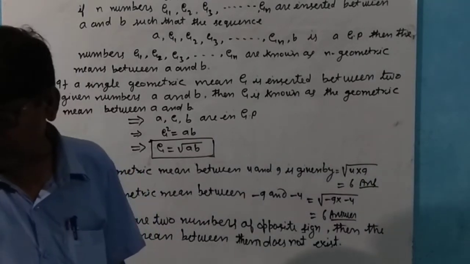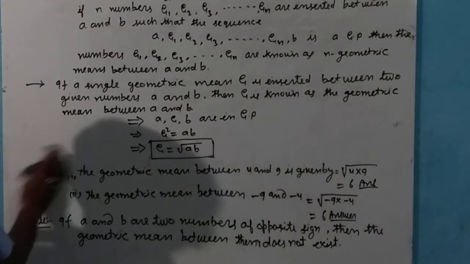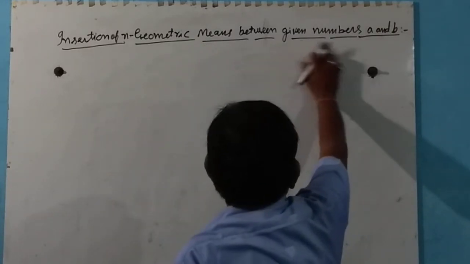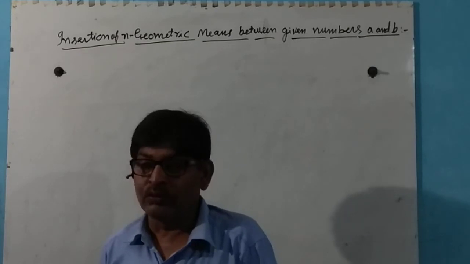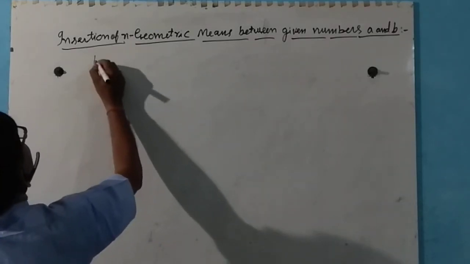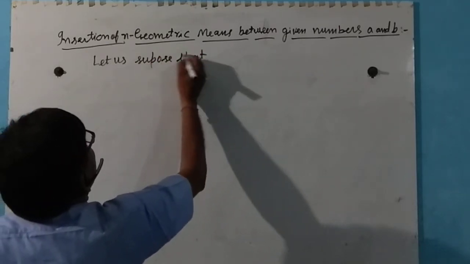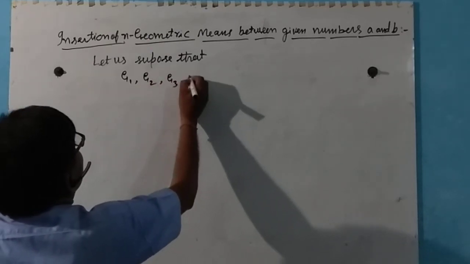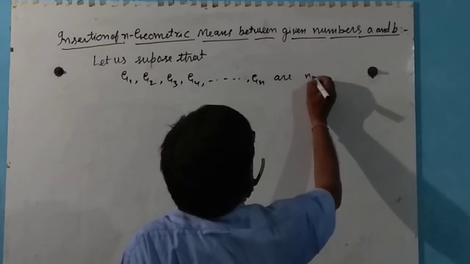Now we calculate the insertion of n geometric means between given numbers A and B. Here in this case, there are two numbers A and B, and we have to calculate the n geometric means.